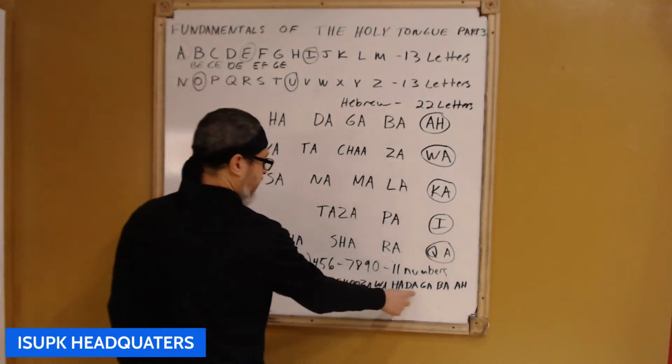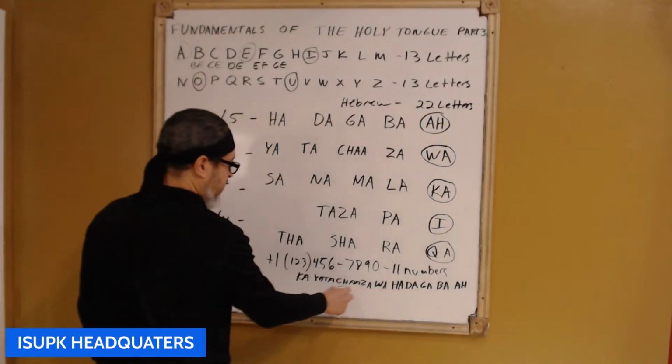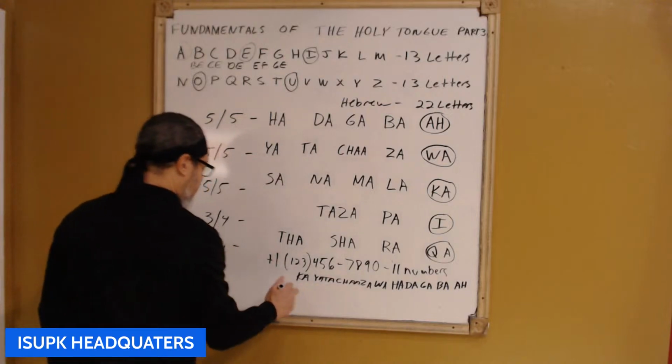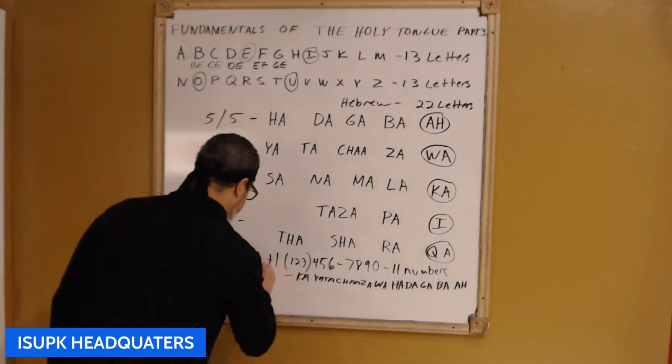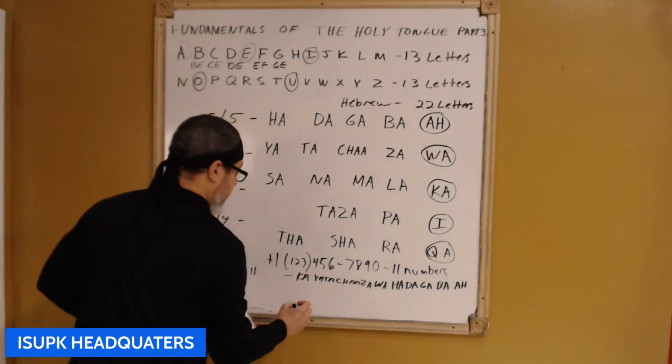1, 2, 3, 4, 5, 6, 7, 8, 9, 10, 11. So that's 11 characters.